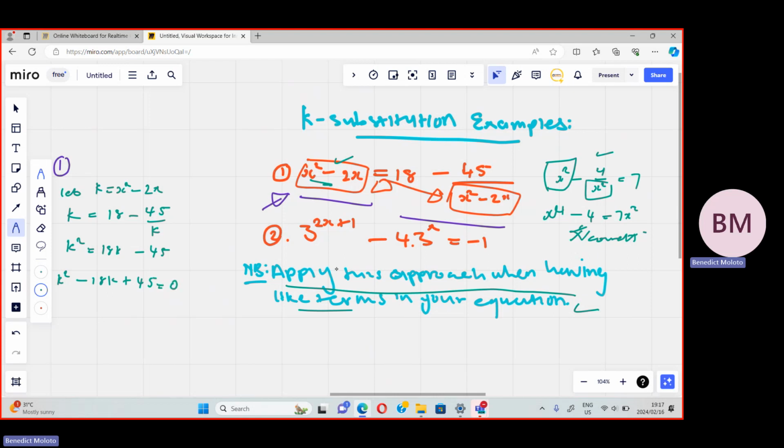Right. Then we need the factors of 45 that add up to 18. The factors are 9 and 5.